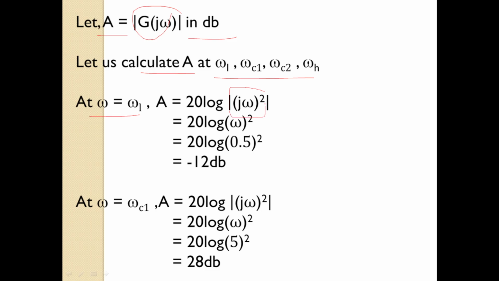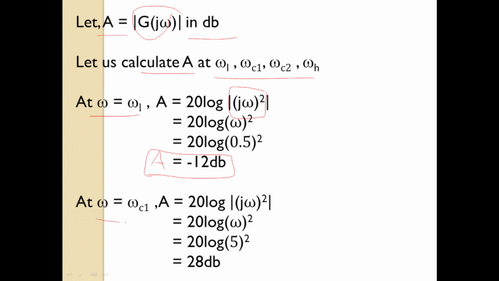Okay, j omega square is our first term. So, instead of G of j omega, write down the first term, that is j omega square, and simplify it. If you simplify, you will get A equal to minus 12 decibels.